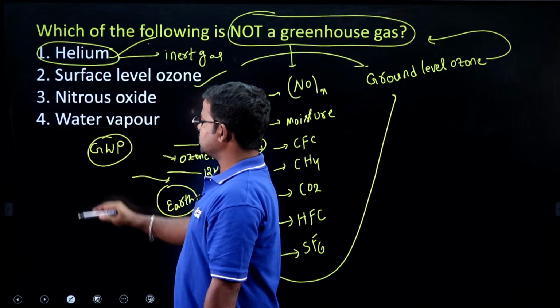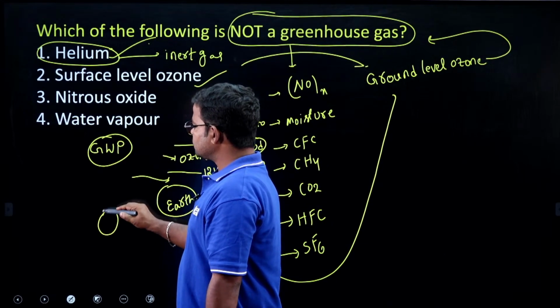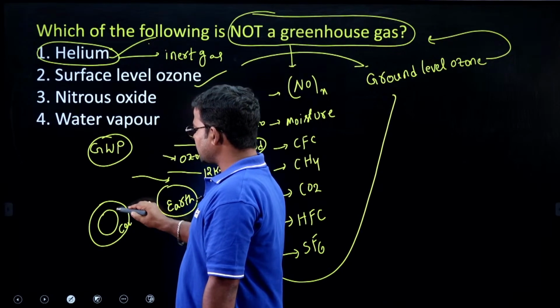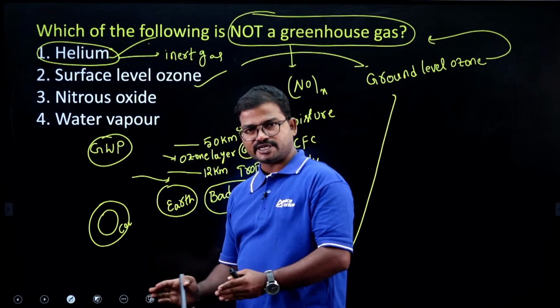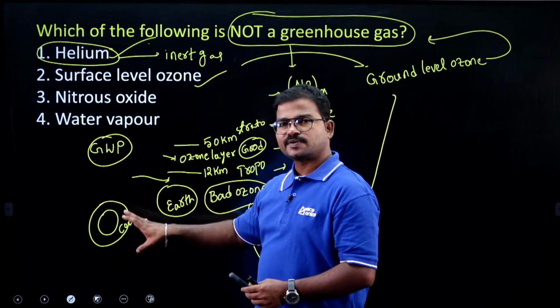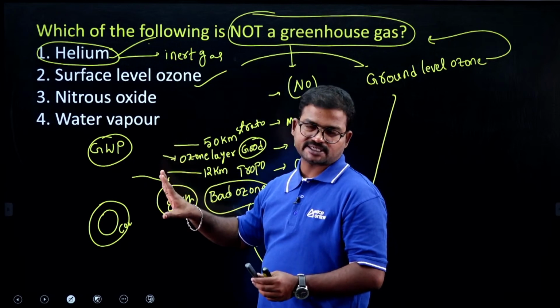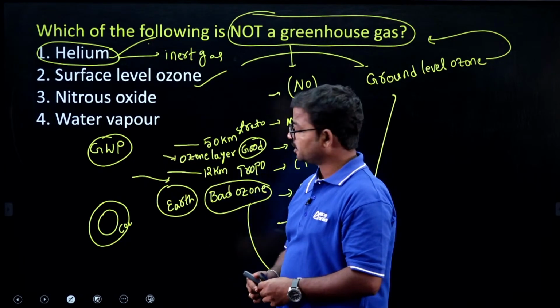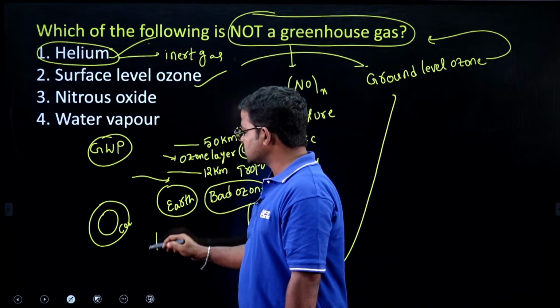Global warming potentials. For example, if you consider Earth, let's imagine in this atmosphere we have only carbon dioxide. Then how much temperature will be raised on this planet? Let's consider the value is just 1 unit.